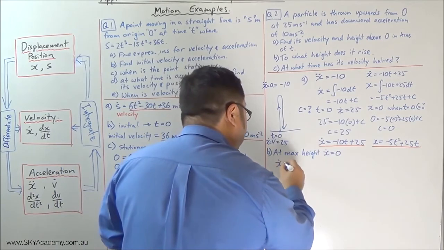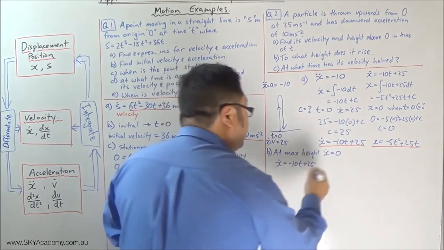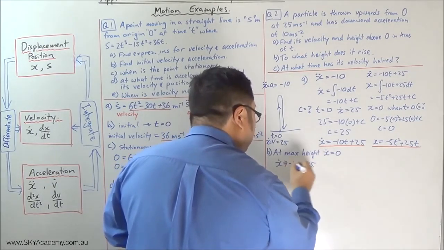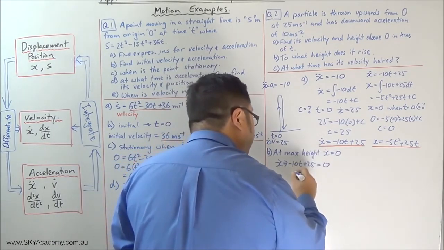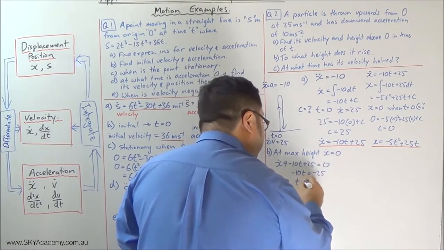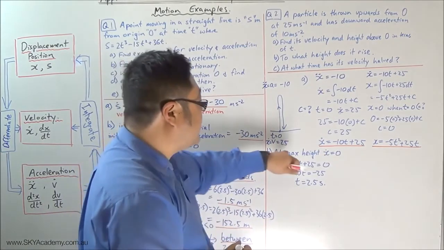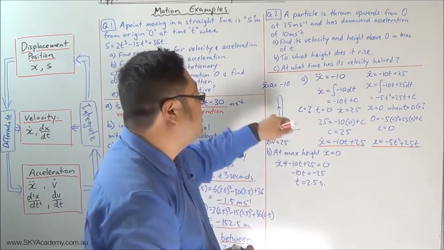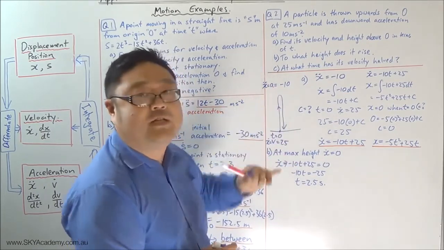x dot equals minus 10t plus 25, and we know that that's equal to 0. So let's work that out. Minus 10t equals minus 25, t equals 2.5 seconds. So at maximum height, the time will be 2.5. It'll take 2.5 seconds before the particle reaches its maximum height.